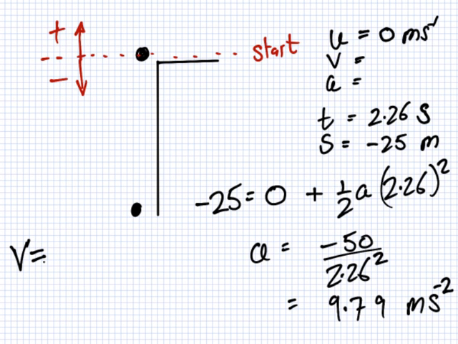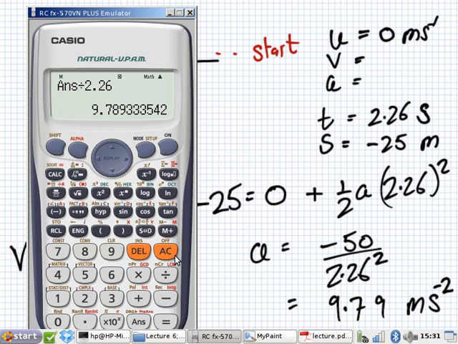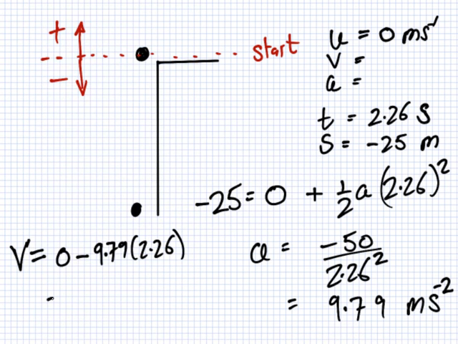V equals U plus A T. Now, it's actually nice because this answer here will have the minus in it. It kind of makes sense that it has the minus because it's heading down into the ground. Minus 22.1 meters per second. Okay, happy with that?